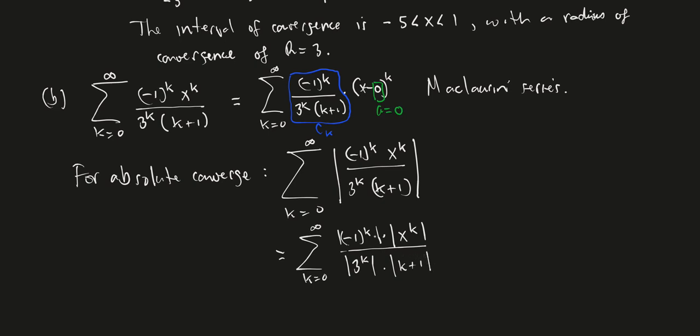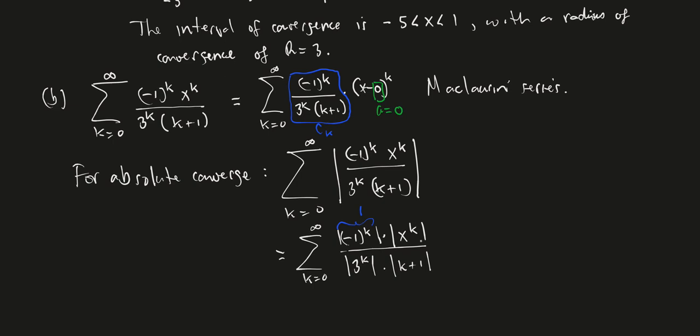Now, let's start with this factor here. We saw this back when we were doing our alternating series test. Taking the absolute value of something like negative 1 to the k or negative 1 to the k plus 1, that's always going to be equal to 1. So this just simplifies to 1. That helps a lot.